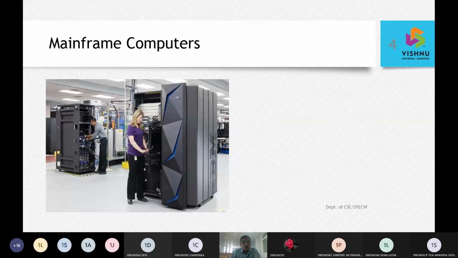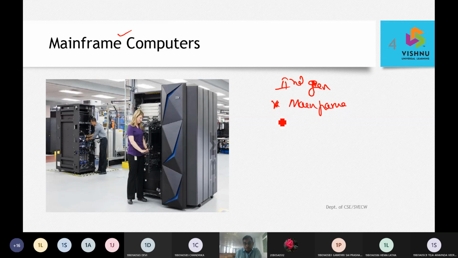So in the very beginning of evolution, in the second generation time, when it was purely an electric way of representing things, the first and foremost thing was the mainframe computer.